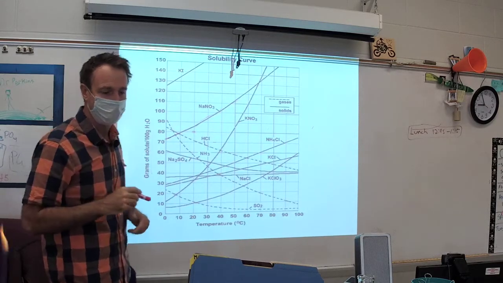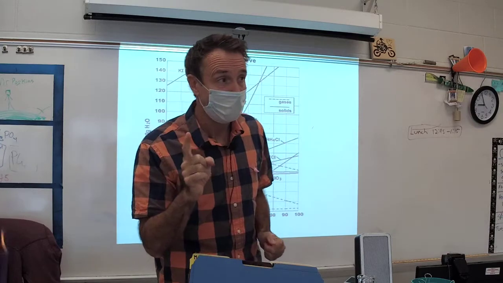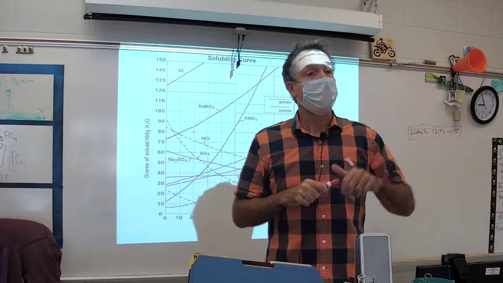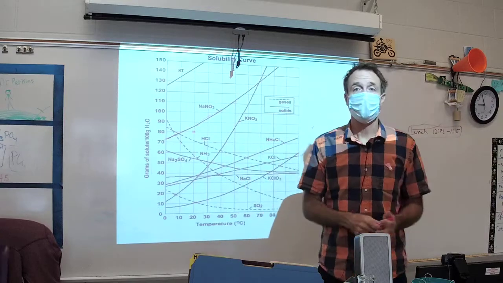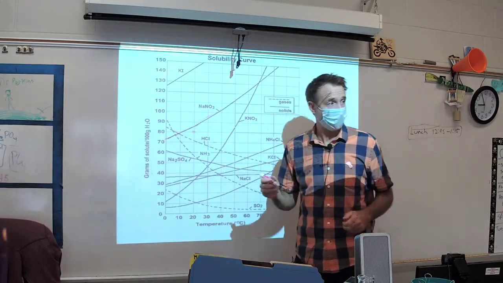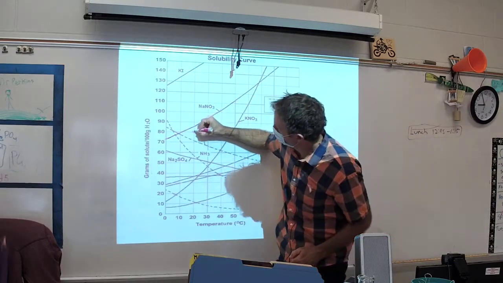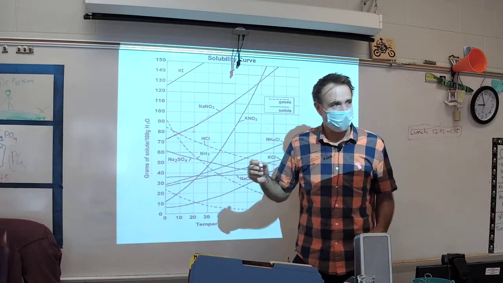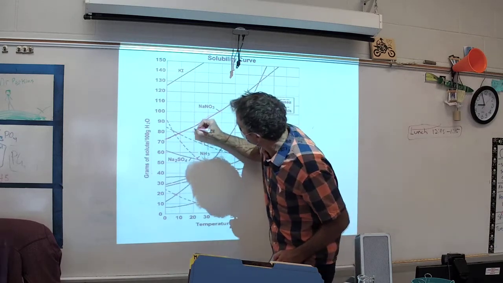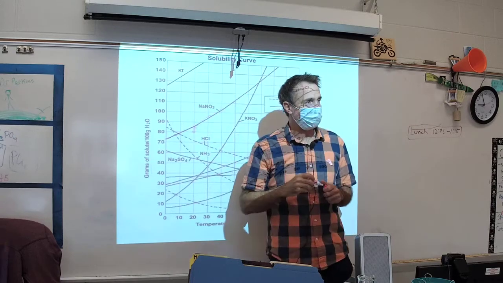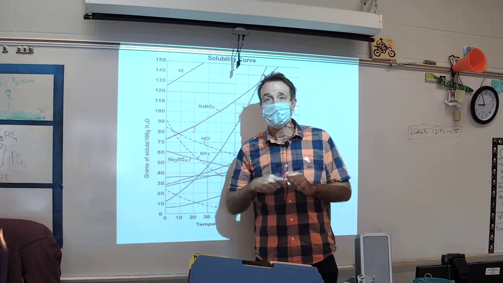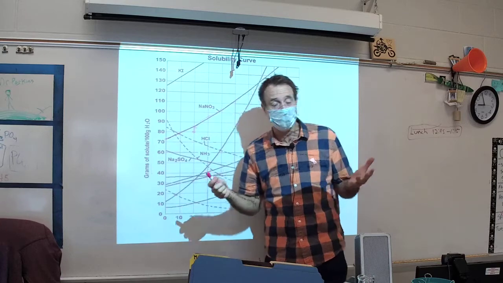It's unsaturated. And not only that, Maisie, how many more, and I know you can't see it from here, but I could ask you, how many more grams could we put in? And you'd be like, well, yeah, you can see it from there. All right, excellent. We could put in about 5 more grams. We could go from 80 up to 85.